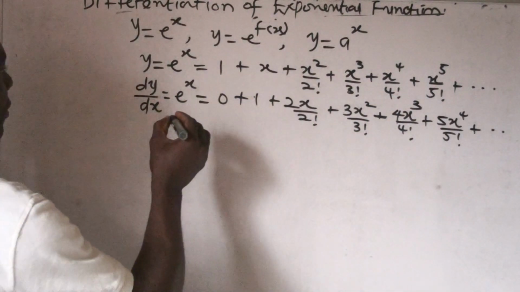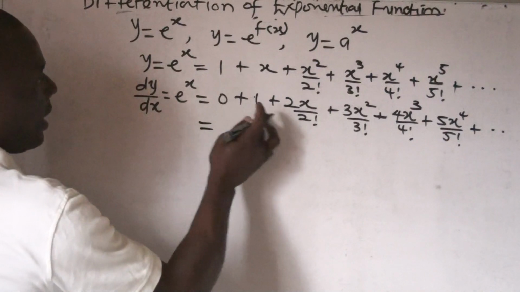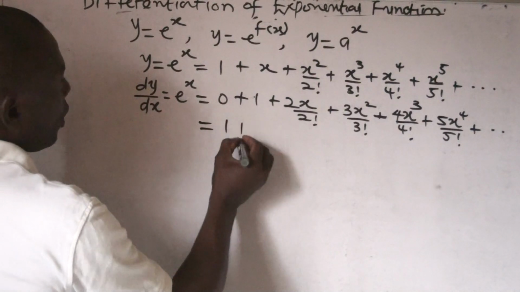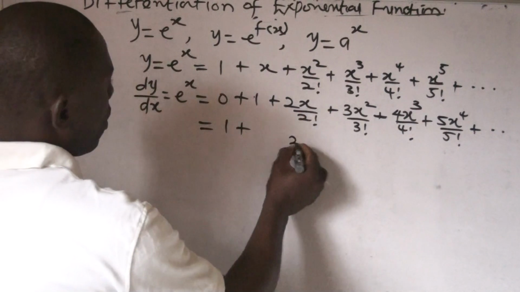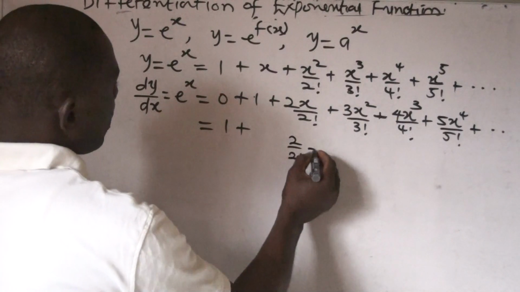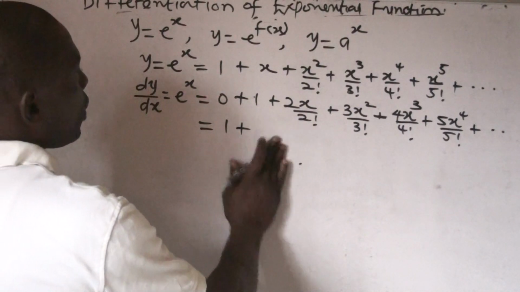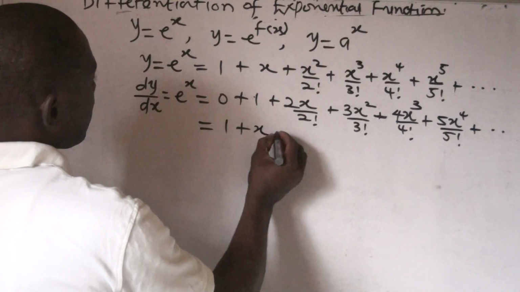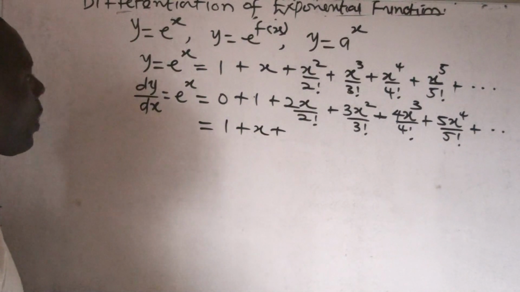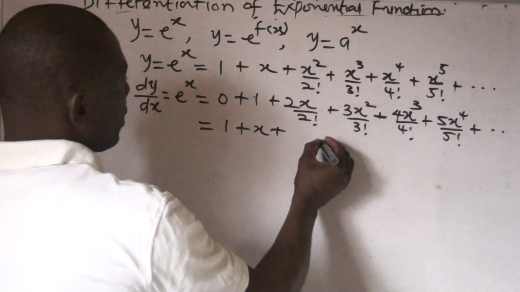And if we observe here, this becomes 1 plus, look at 2 over 2 factorial, it's 1. So here we'll be left with x plus 3 over 3 factorial.